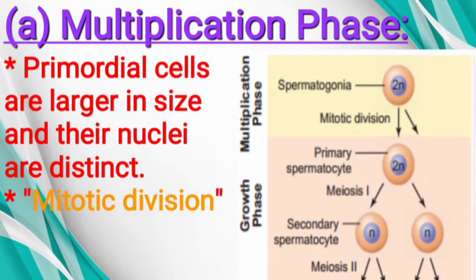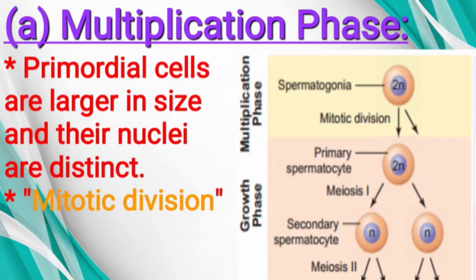Multiplication phase. Here, primordial cells are large in size and their nuclei are distinct. See in this picture, primordial cells are large in size and the nucleus is distinct and small.